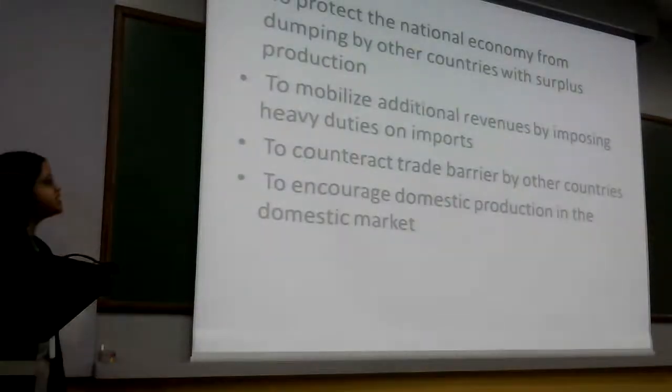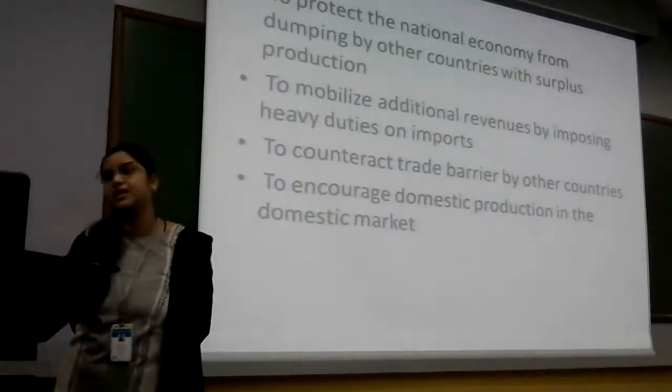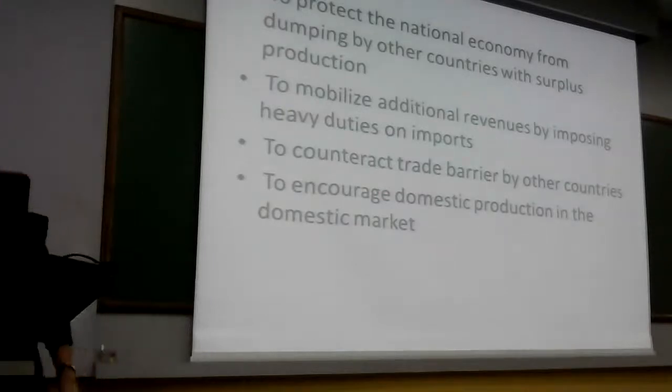Now, to mobilize additional revenues by imposing heavy duties, that is a normal calculation. You apply heavy duties on imports, which means you ask for more money as import duty, so obviously your revenue is going to increase. Some extra revenue is going to be generated.